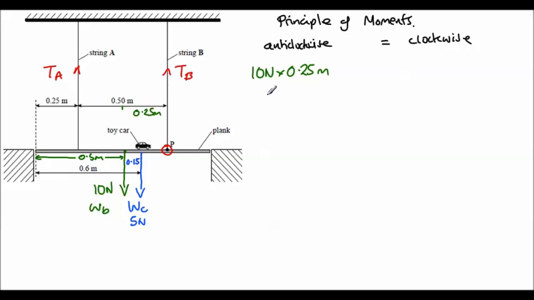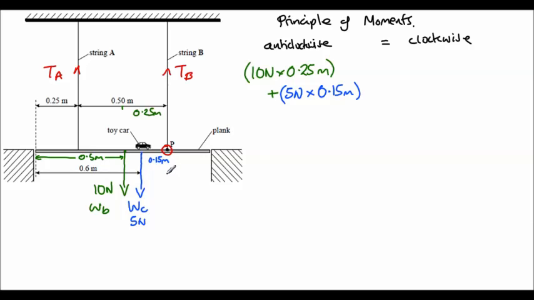Then I'll add to that, in brackets so you don't get mixed up, the moment due to the car, which is the car's weight, 5 newtons, multiplied by its distance from P, which I'd mislabeled. That's the 0.15 meters there, I apologise. So the car's weight is 5 newtons multiplied by 0.15 meters.